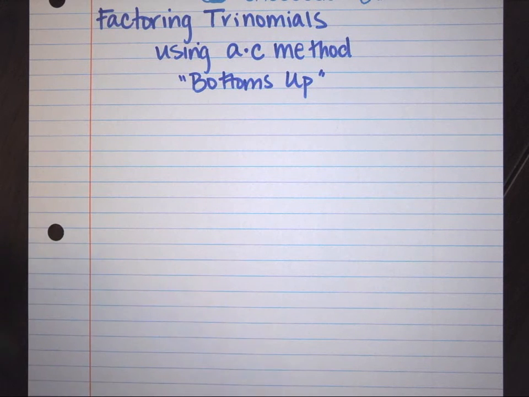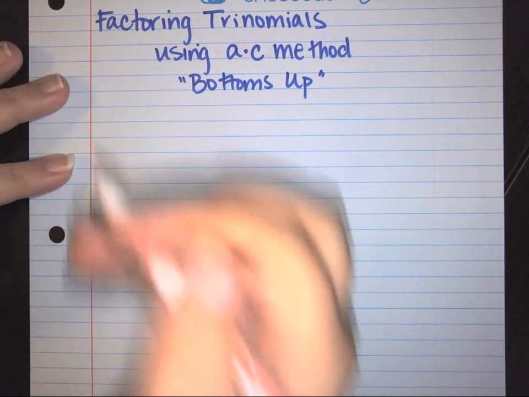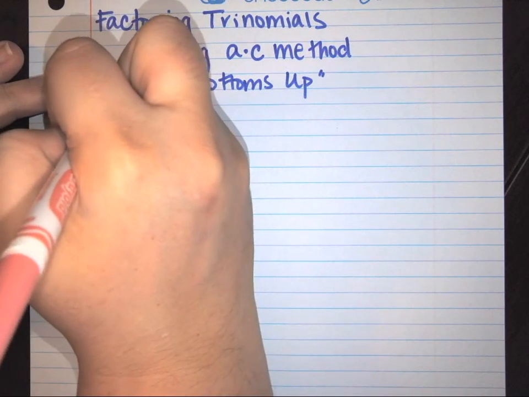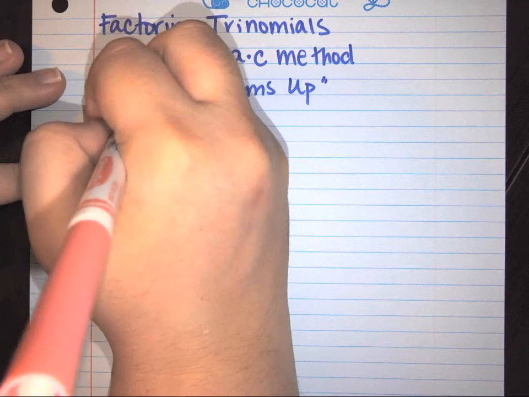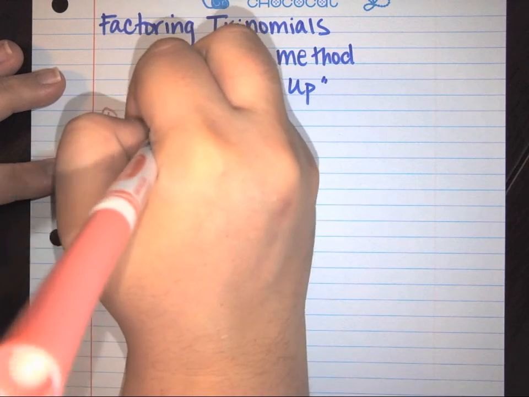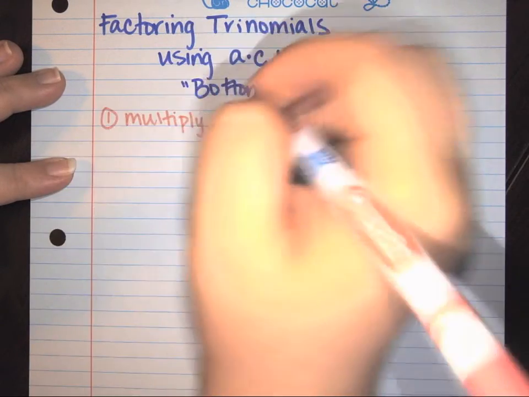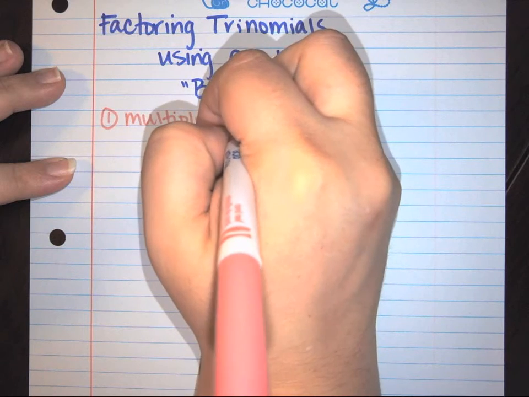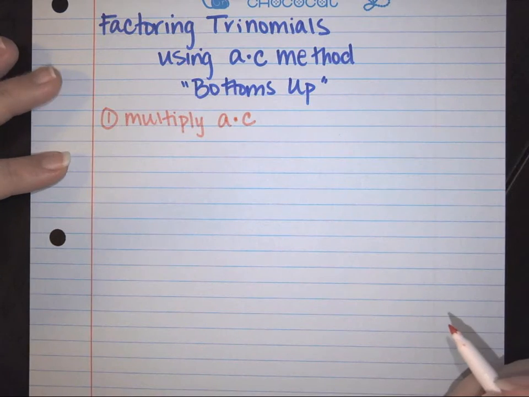So the AC method says, first and foremost, we are going to multiply A times C together.